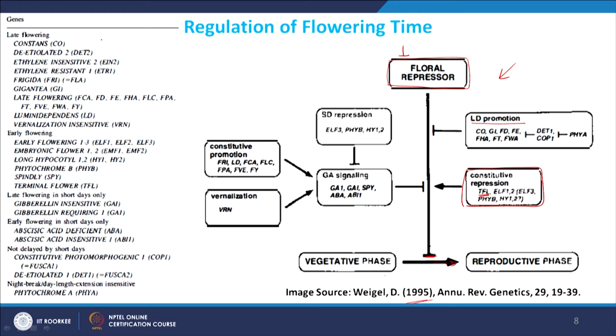If you have a mutation in them, they show either a late flowering or early flowering phenotype, under conditions that can be long day or short day. If you look at all those genes and try to understand the genetic pathways, or the regulators which ensure this process, you will realize that these are the 4 major pathways important for regulating the transition.